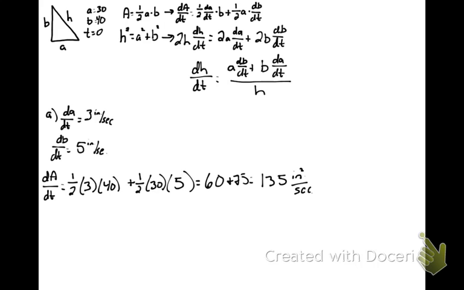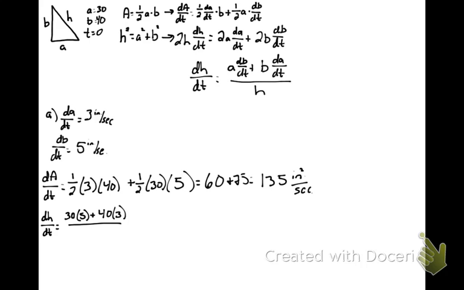The second part of the question is, what is the change in the hypotenuse? So what we want to know is, what is dH dt? And we know that dH dt is equal to A, which in this case is 30, times dB dt, which is 5, plus b, which is 40, times dA dt, which is 3, and all of that is divided by h, the length of the hypotenuse.